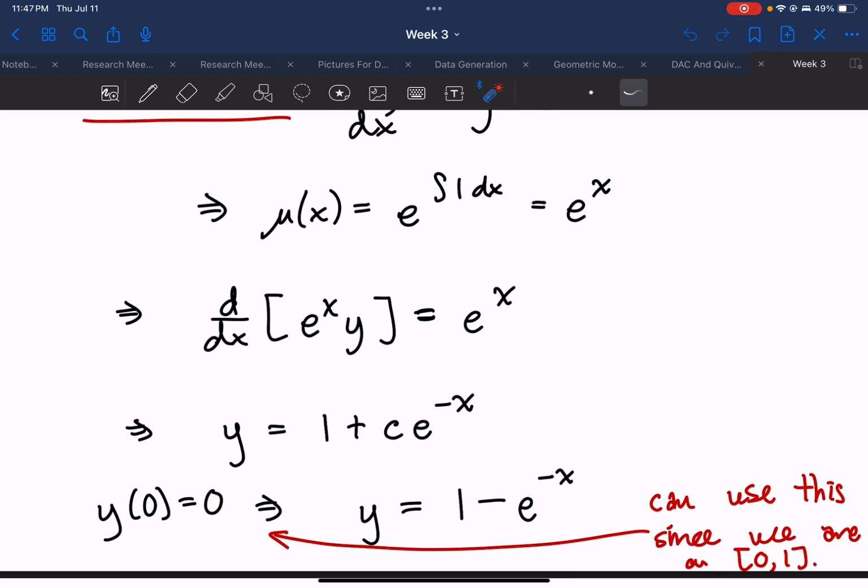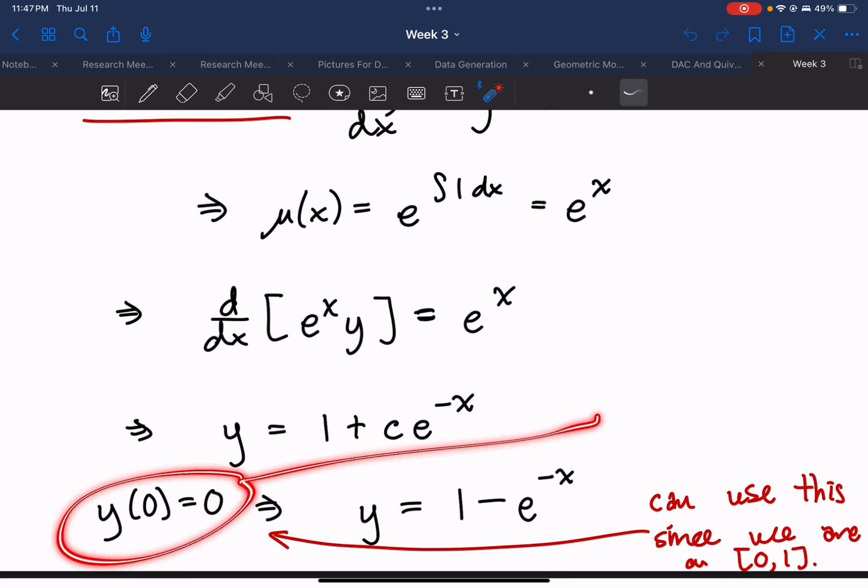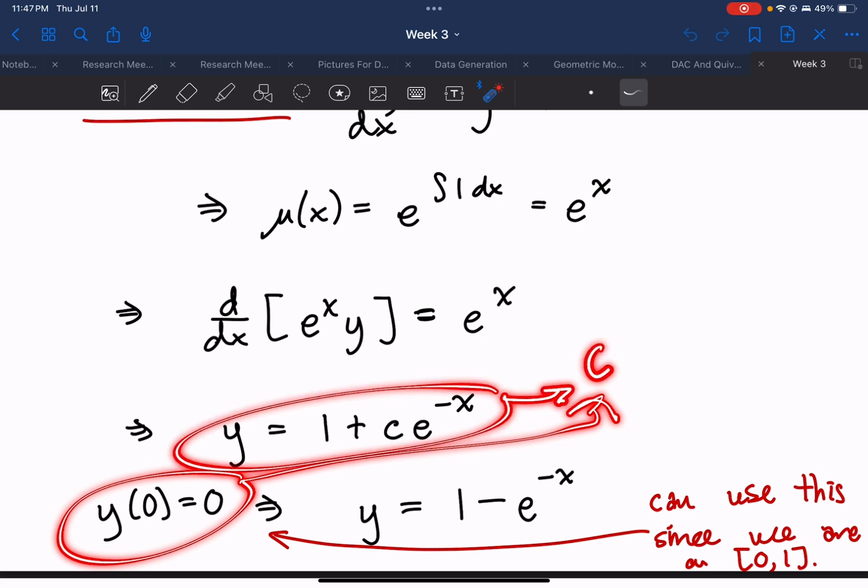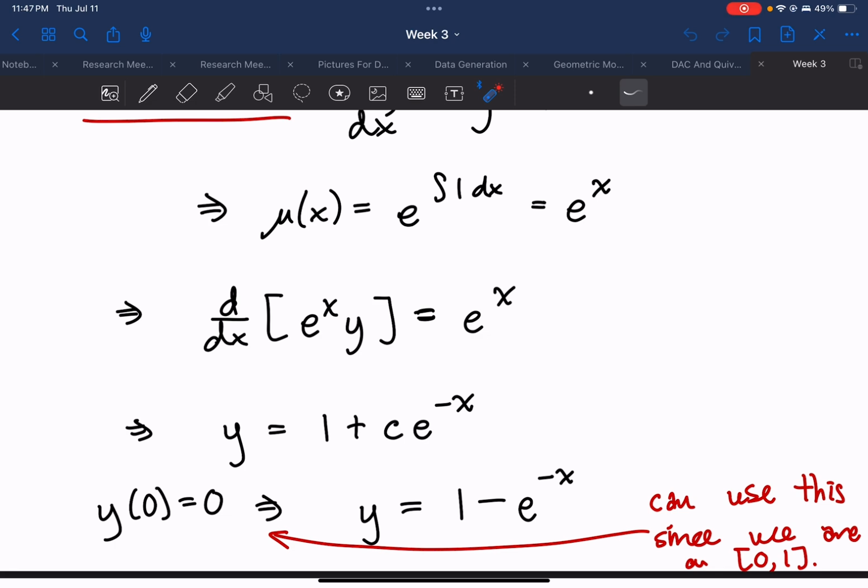If I use this initial condition on this equation, I get 0 equals 1 plus c times e to the 0, which is 1, which means c equals negative 1. That's how we got the minus sign here.